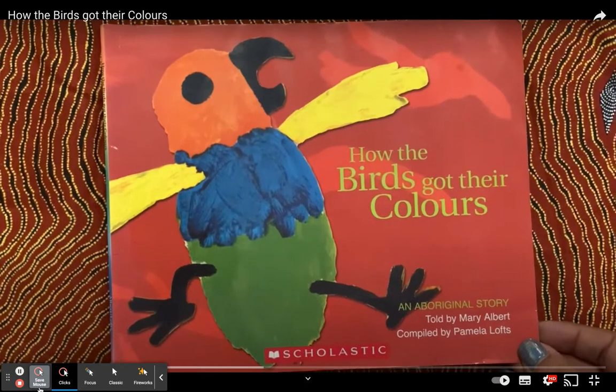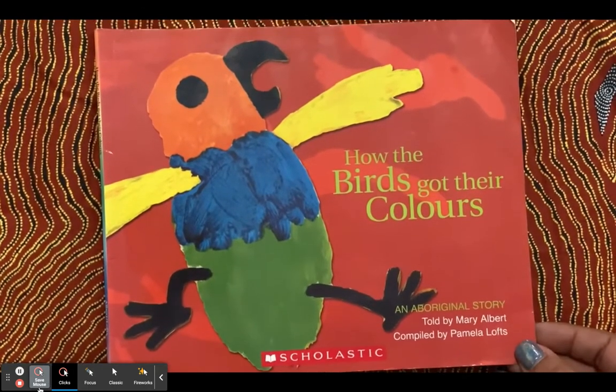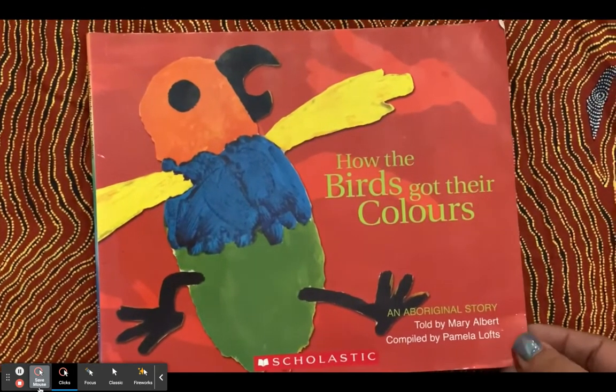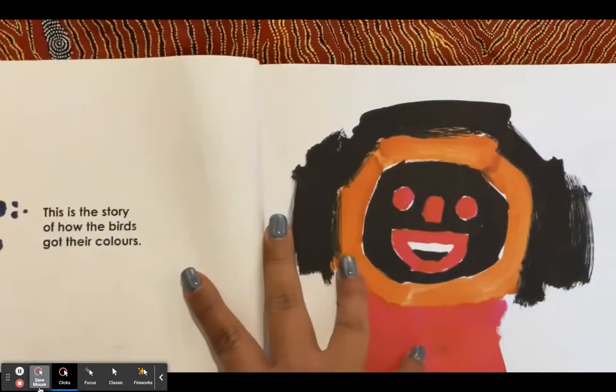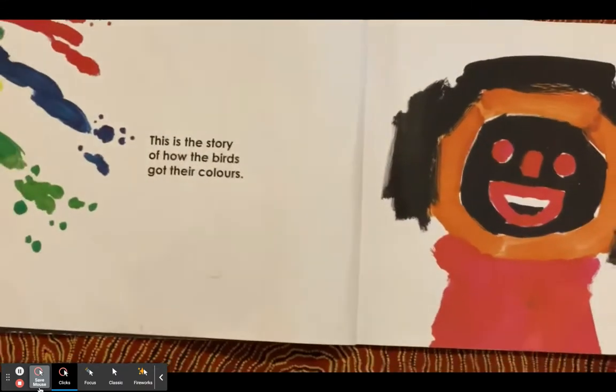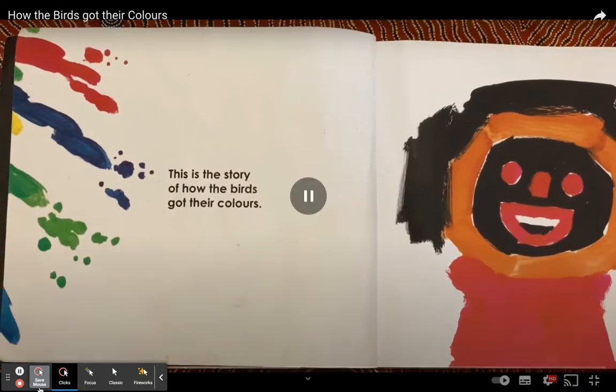Birds Got Their Colours, an Aboriginal story told by Mary Albert, compiled by Pamela Lofts. This is the story of how the birds got their colours. Straight away as we start, we can find some Ers. Let's have a look. This is the story of how the birds.